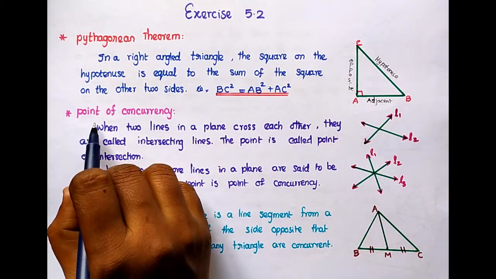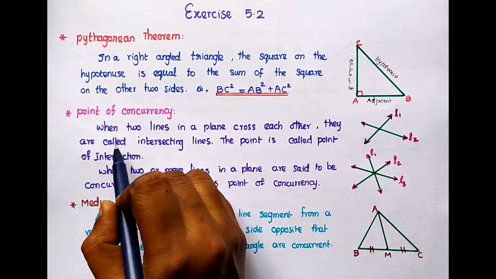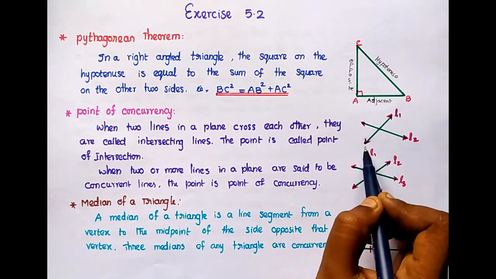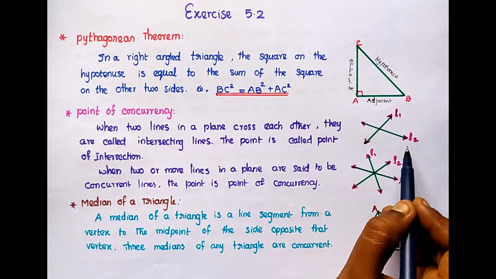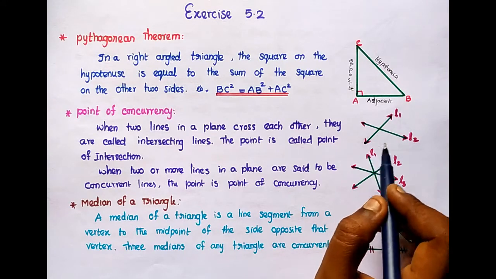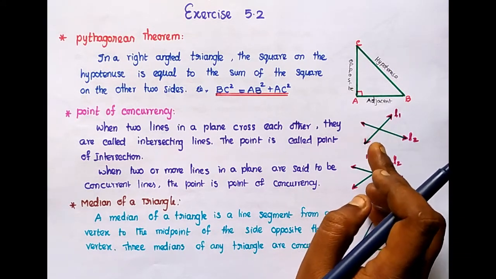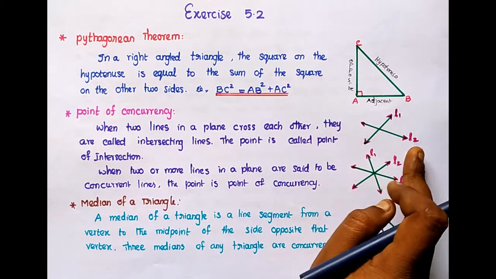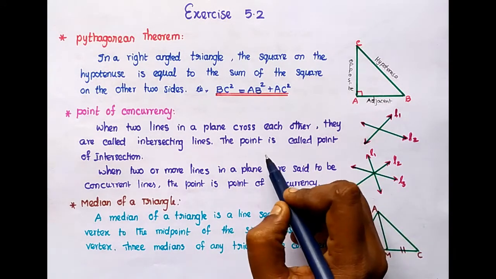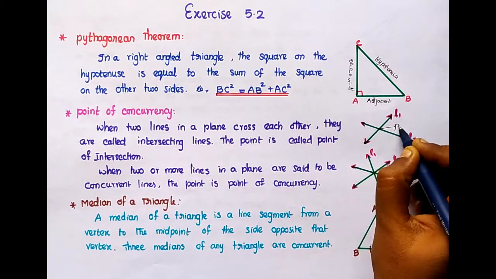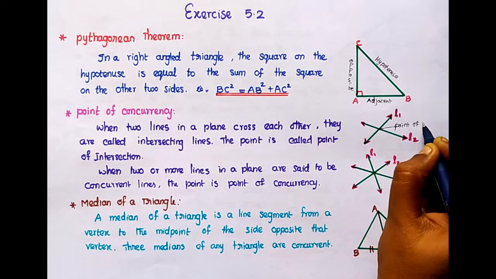And then point of concurrency. When two lines in a plane cross each other, they are called intersecting lines. Already we know, you saw it in the 7th and 6th class. The point is called the point of intersection.